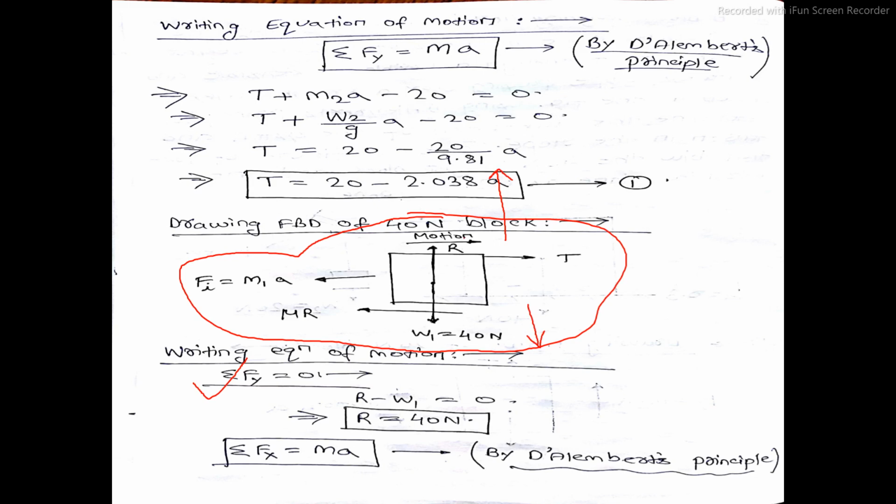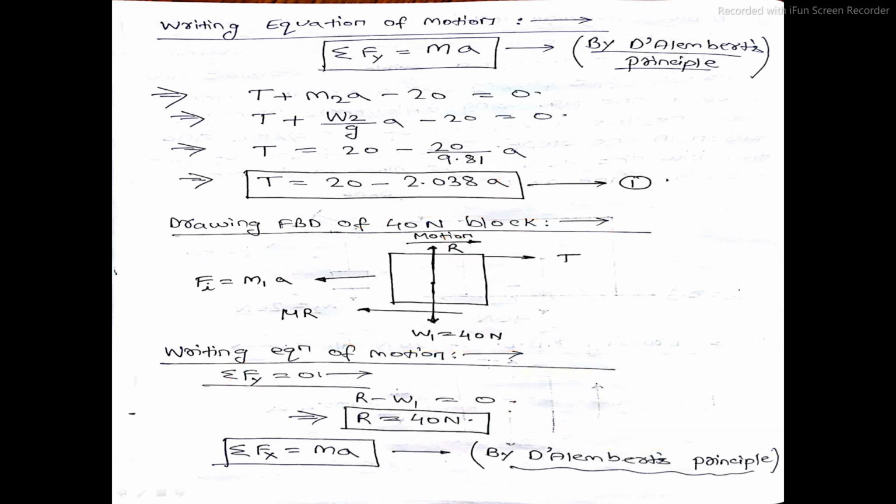What we will get? R minus 40 Newton is equal to 0. No other forces are present along y direction, so R minus 40 equals 0, or R is equal to 40 Newton.